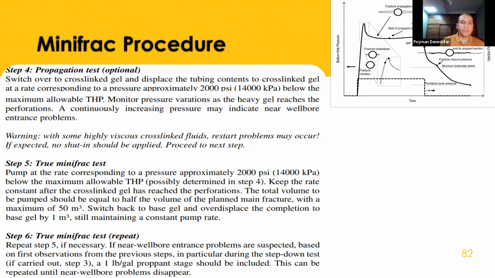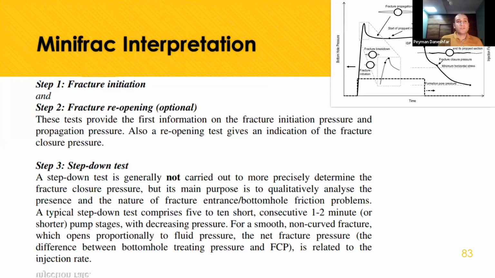And for step 6, the true Mini-frac is repeated if necessary, if there is a problem, we should do it again. And what is the interpretation? For the first one, we can find fracture initiation.